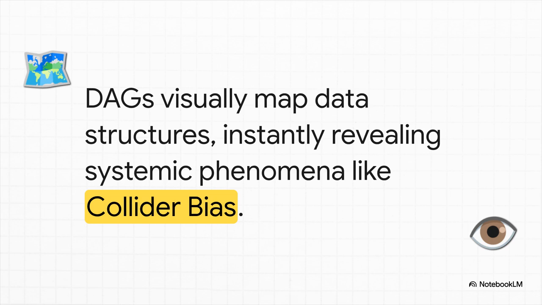Because they map the structure out so clearly, DAGs easily reveal systemic phenomena like collider bias, which can completely skew your data if you ignore it. By drawing out this causal graph, researchers can use visual rules, like Pearl's famous backdoor criterion, to instantly trace pathways and know if a causal effect can actually be mathematically calculated from observational data.